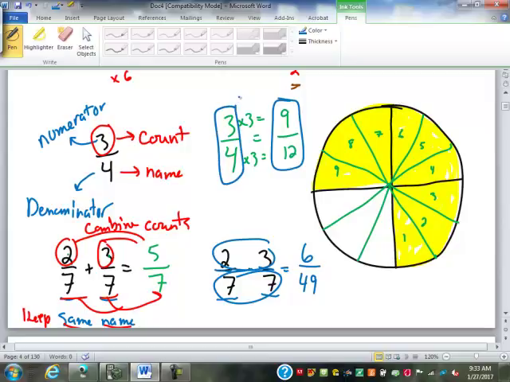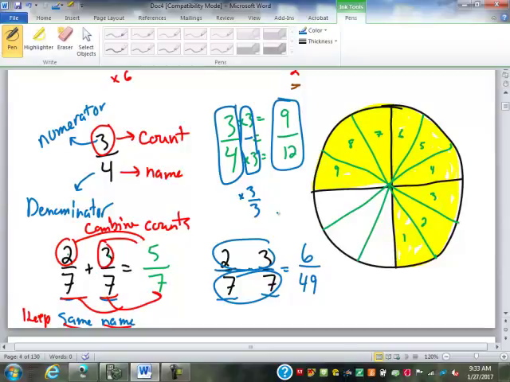9/12 and 3/4 are exactly the same amount. They just look different. The reason that they're the same is because of what we did right here. We multiplied by 3 over 3. 3 over 3 is just 1. We multiplied by 1. So we can't change the value when you multiply by 1. We can only change the appearance. That's a tool that gets used a lot in math for other things as well.